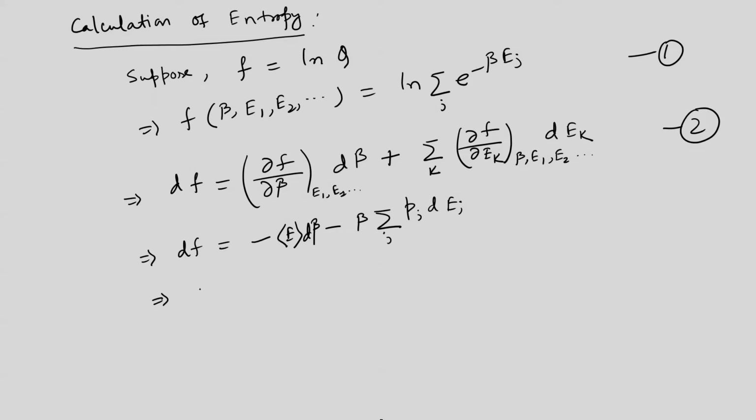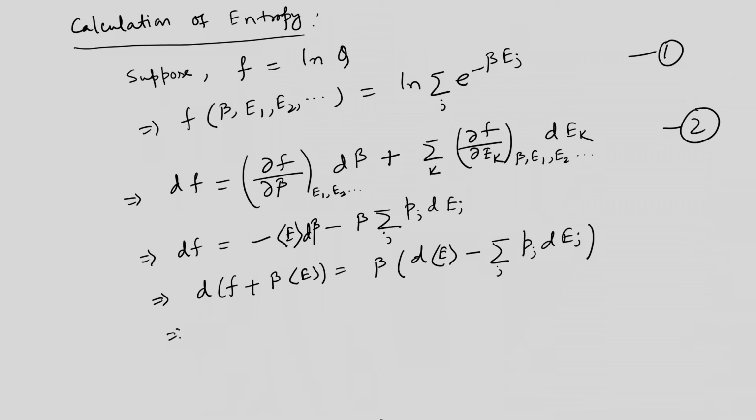And then we get df, plus beta E average, which we can further simplify as beta times dE average minus the sum over j of pj dpj.